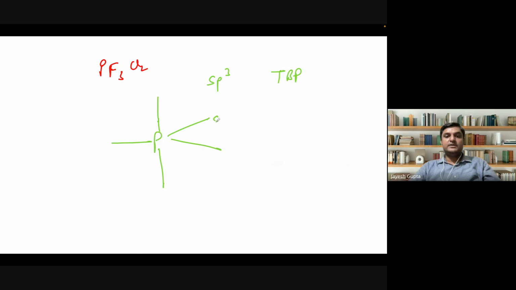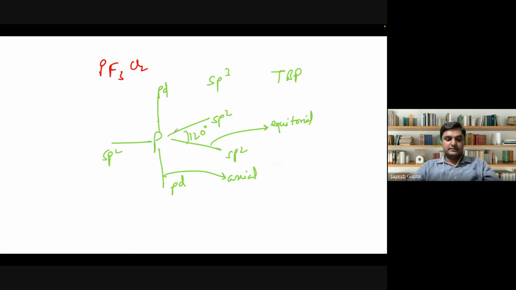I have already told you, these are sp2, sp2, sp2, and these are pd. This is known as equatorial and this is known as axial. This is 120 degrees. Now you can easily see which one has higher percentage s: in equatorial, percentage s is higher.